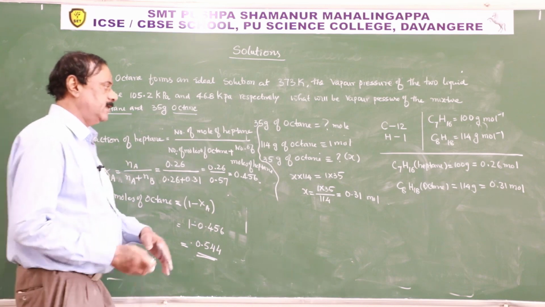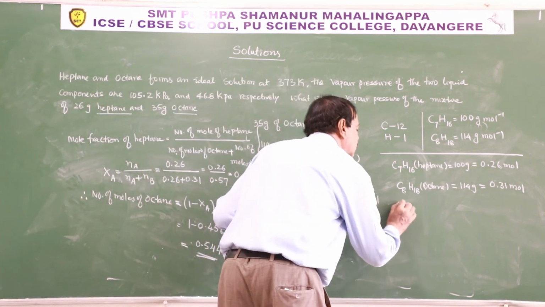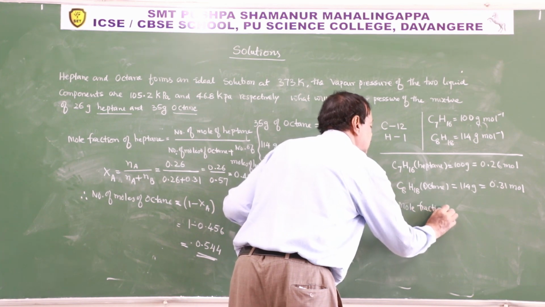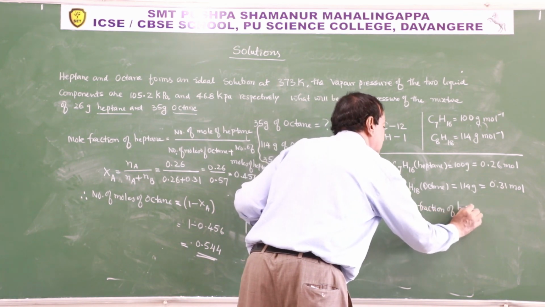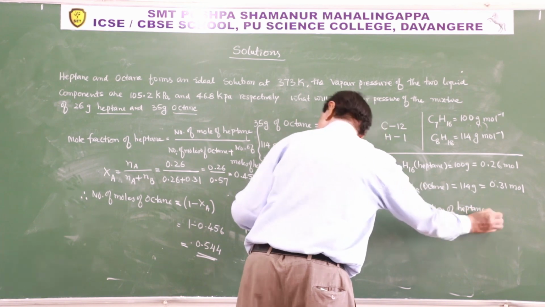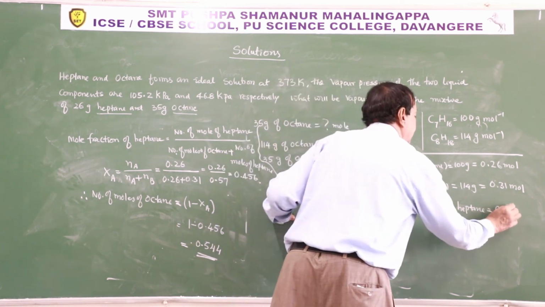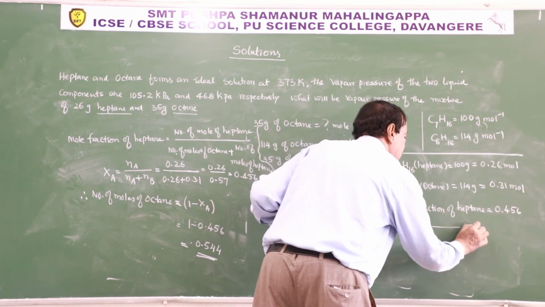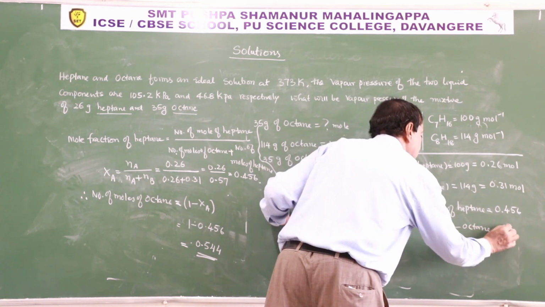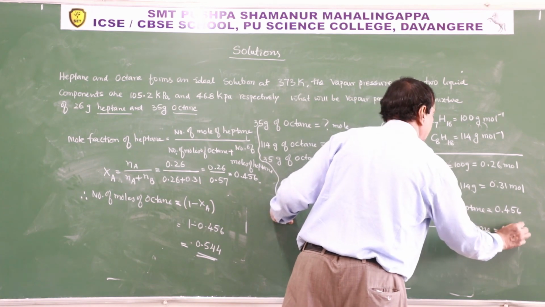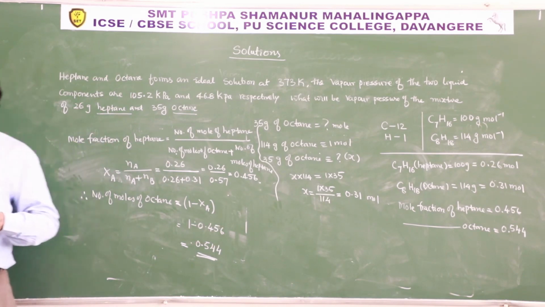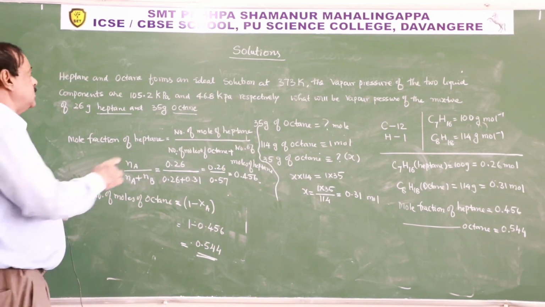Therefore, mole fraction of heptane is equal to 0.456, and mole fraction of the octane is equal to 0.544.